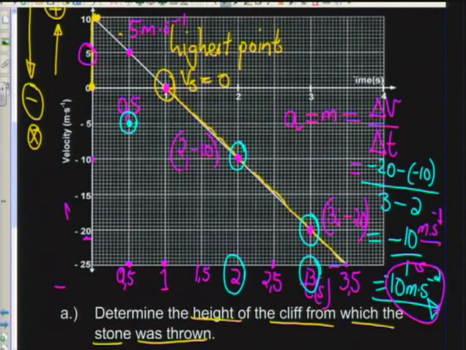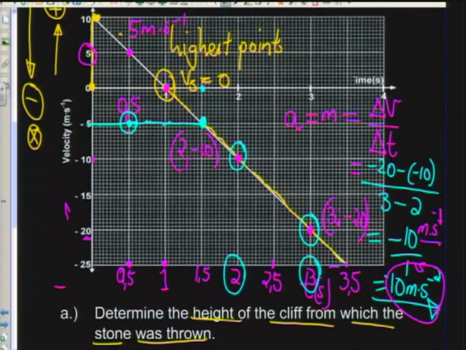And this 5 meters per second there. And then I can tell the time as well as to at what time was it again moving at 5 meters per second. Now this time here was 1.5 second.